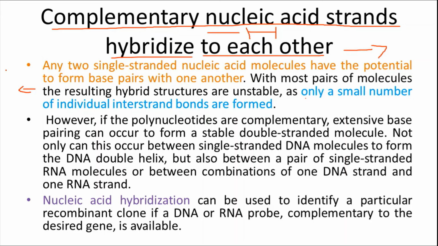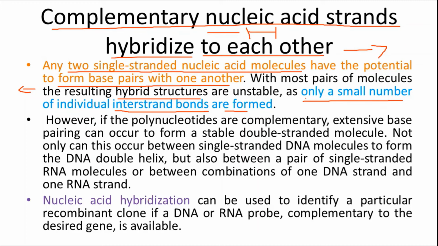The two single-stranded nucleic acid molecules have the potential to form base pairs with each other, so only those molecules get hybridized. Other molecules are not hybridized. Finally inter-strand bonds, the hydrogen bonds, are formed between the two DNA molecules.